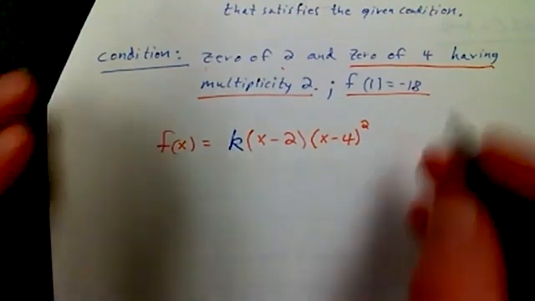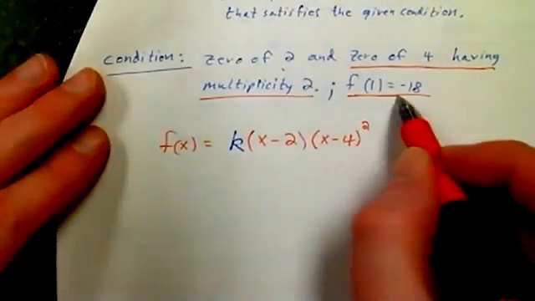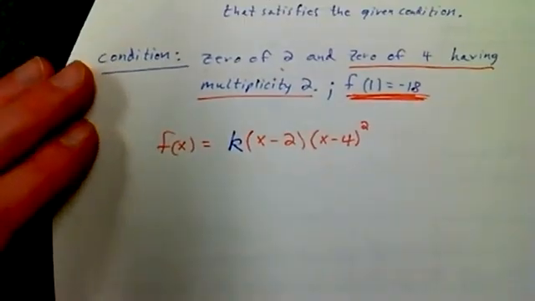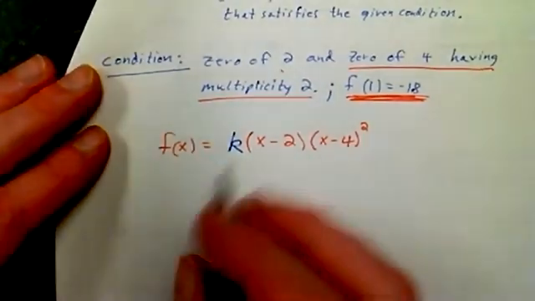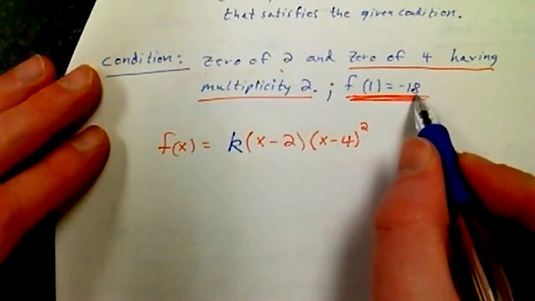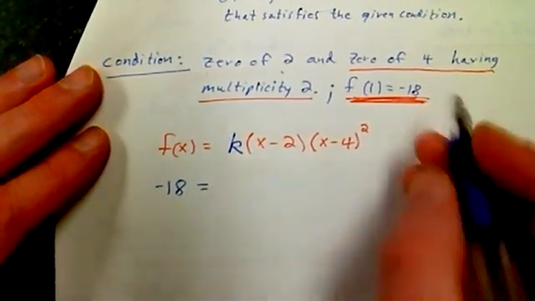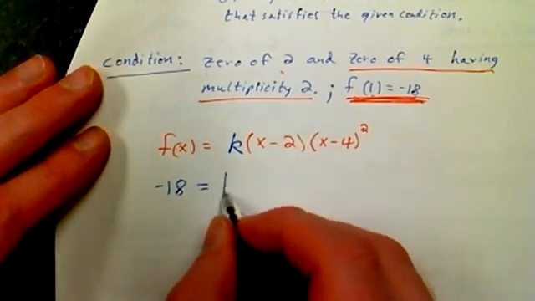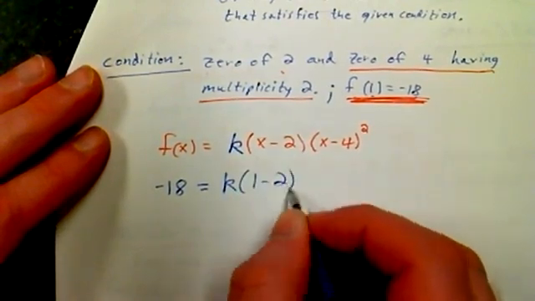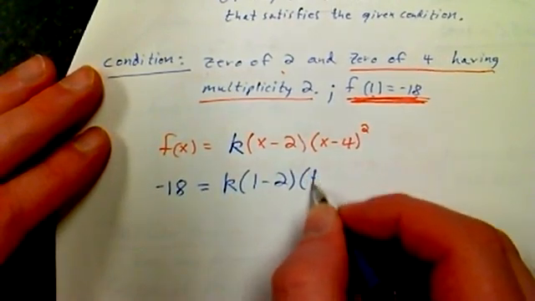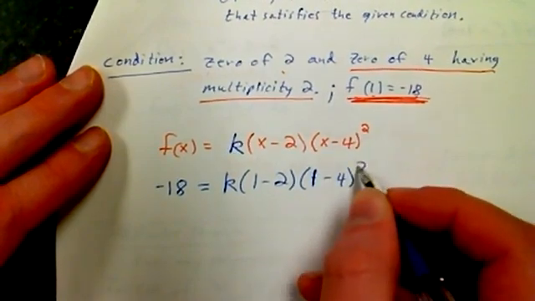So how am I going to do that? I'm going to use this guy right here. So f of 1 equals -18 tells me that my function value is -18 when x is equal to 1. So I have k times 1 minus 2 times 1 minus 4 quantity squared.